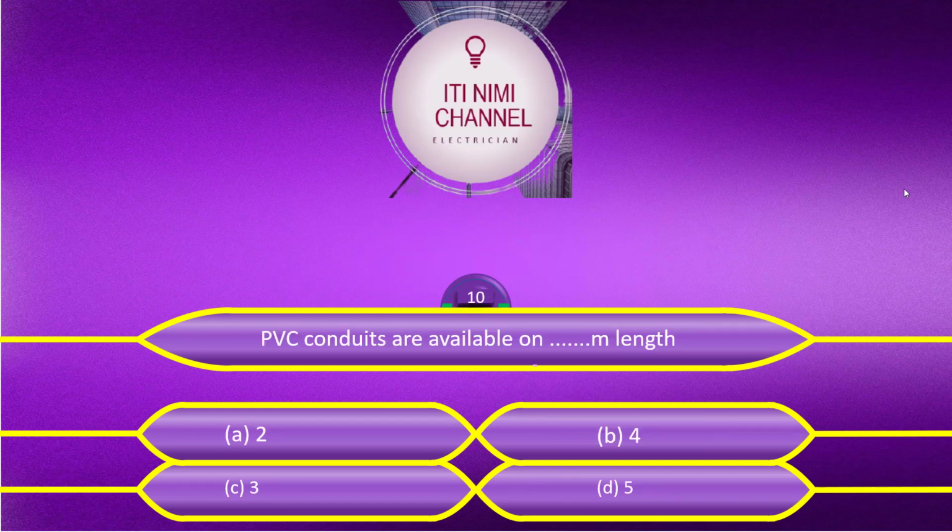PVC conduits are available on dash meter length. Option A 2, option B 4, option C 3, option D 5. The answer is option B 4.